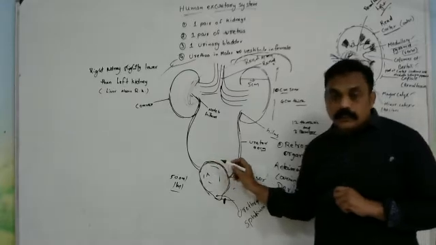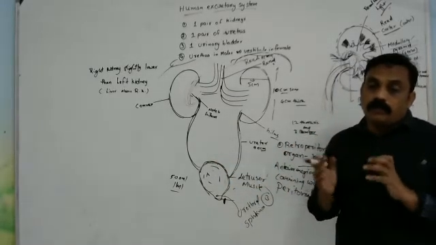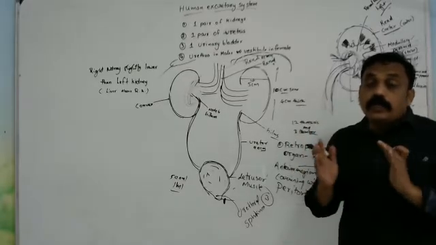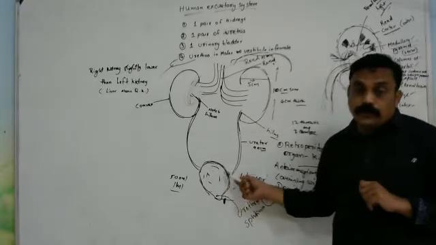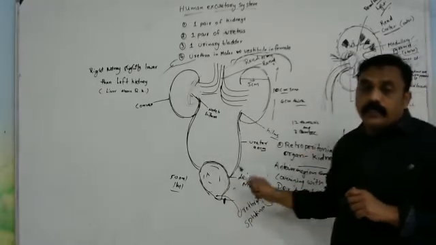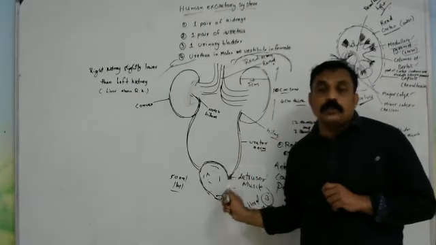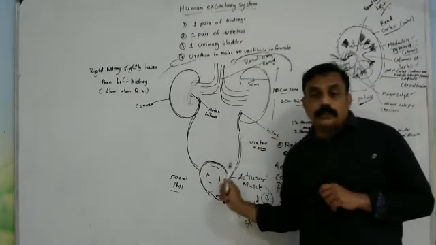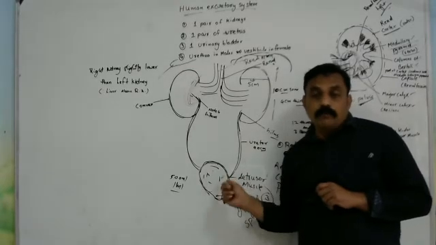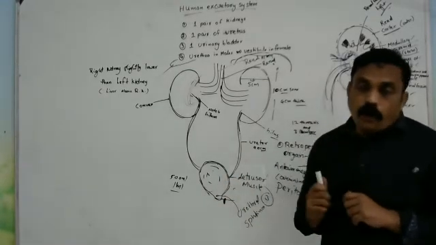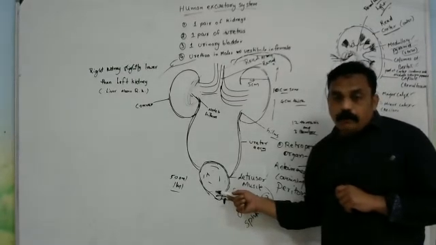These smooth muscles are useful for expansion of the urinary bladder when it is filled with urine. The bladder is useful for temporary storage of urine, 500 ml to 1 liter in the human body. Then the urethral sphincter is at the posterior region.